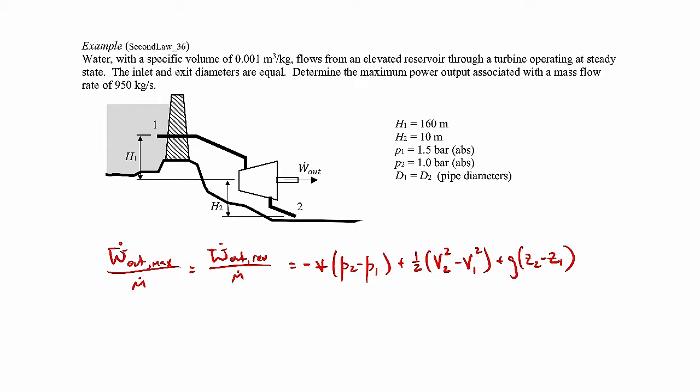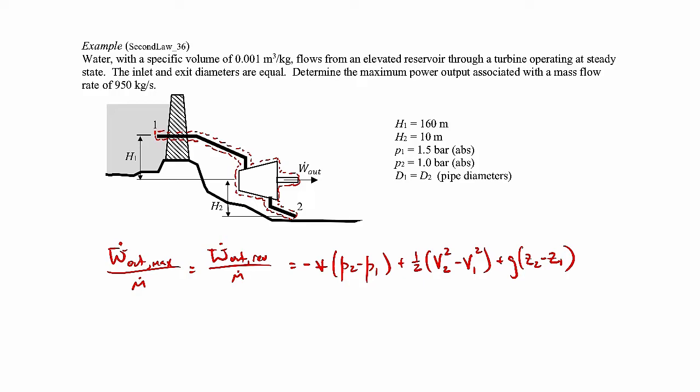One thing I should also point out is this is actually being applied to a control volume. The control volume looks like this. It's following the pipe and going around the turbine. And there was another example I did for this lecture, and I didn't draw the control volume. I should have. But that's the control volume that we're using here.